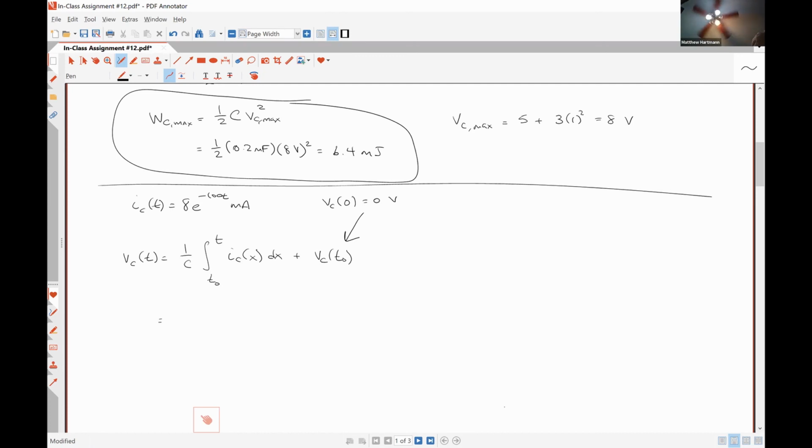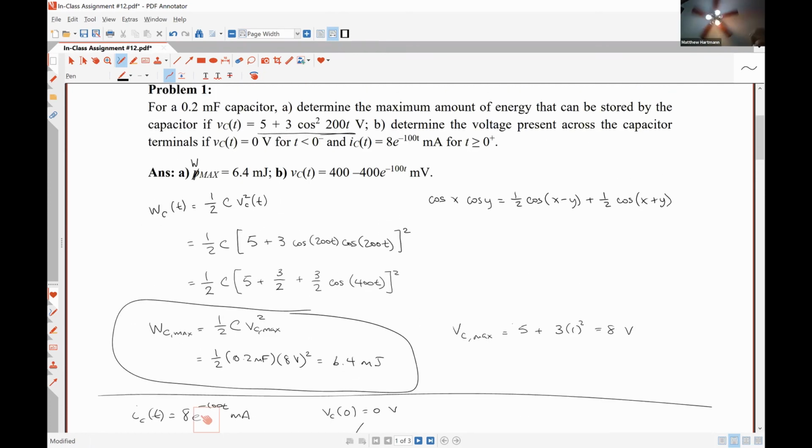So if we substitute in our values, let's see, it was a 0.2 millifarad.